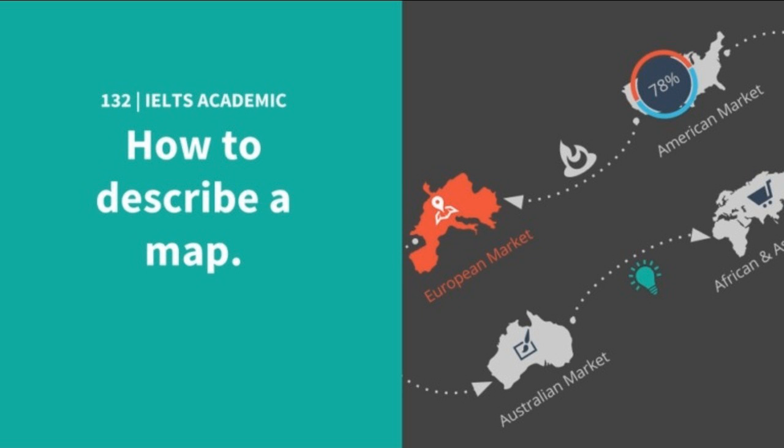So, the same as the other academic task 1, it's 150 words, plus or minus 10%. So you can write 135 words, or you can write a maximum of 165 words. After that, the examiner stops checking. So that's really important.